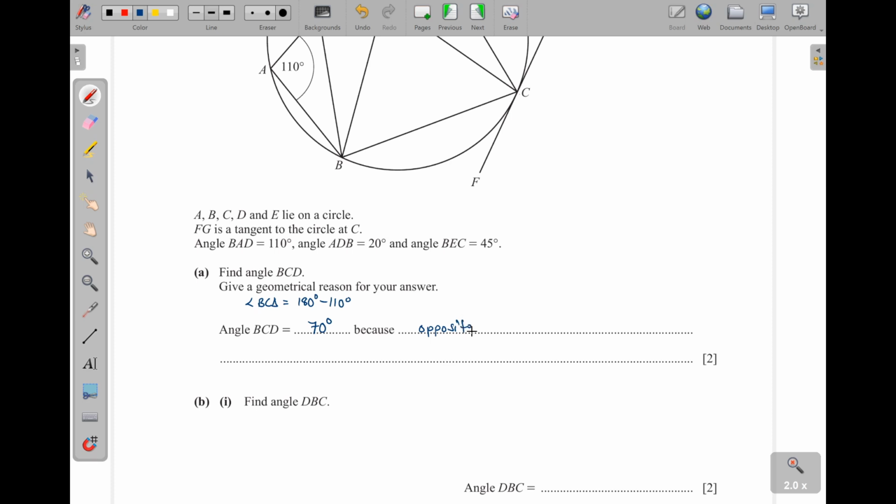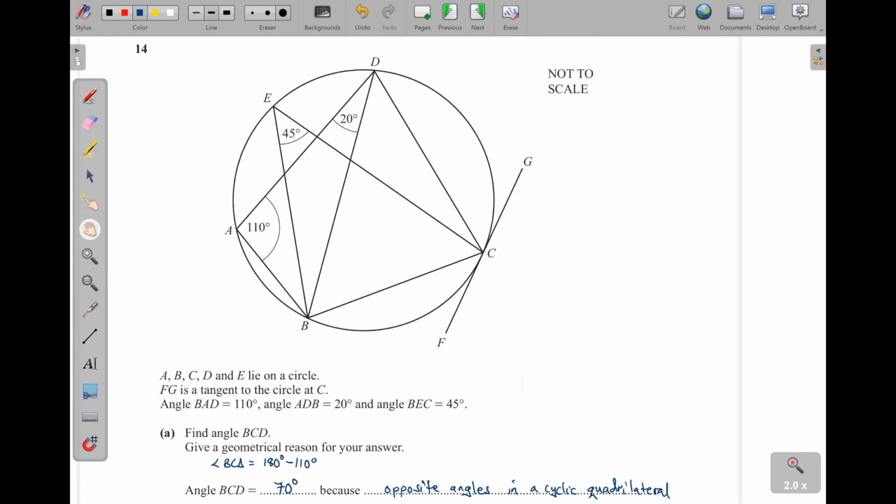So we say opposite angles in a cyclic quadrilateral add up to 180 degrees.